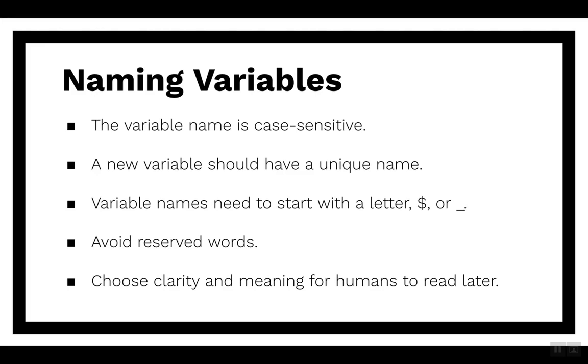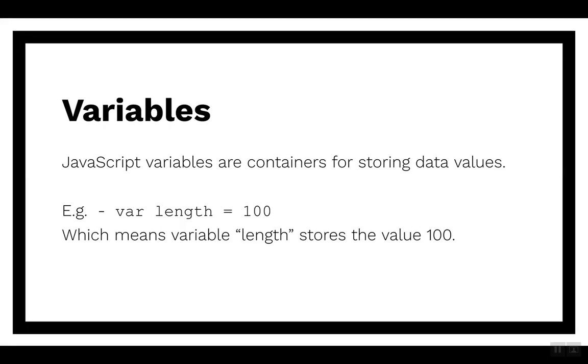And for the purpose of maintaining clarity and understanding for other programmers that will be working with you, it's best if you name them according to what value they're going to hold. If you look at this example right here, this is holding a value of length. So it's better to call this variable length rather than width, or just calling this L or W. Okay, so clarity is important.